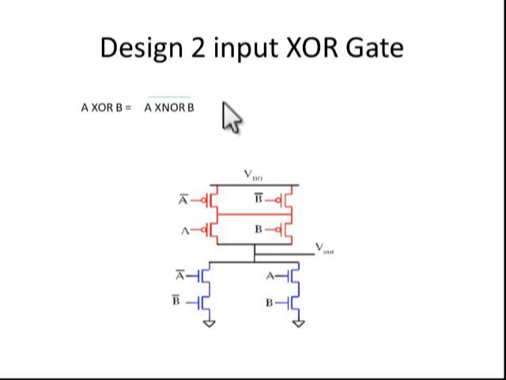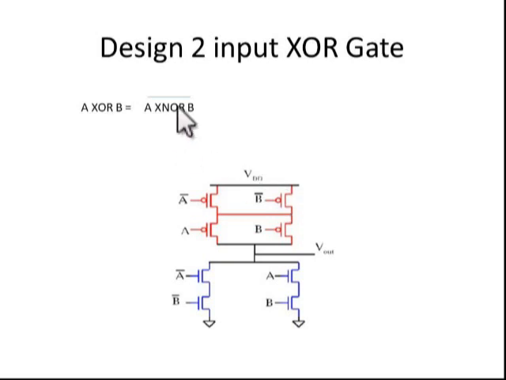Then what we have to do? We have to design with whole bar, and finally we have to connect one NOR gate. Then we will get the correct expression. But here A XOR B, actually the XOR does not have any whole bar. But what we can do, we can write the XOR gate as A XOR B whole bar. Now both are logically same. So here I have the whole bar. Now I can easily apply the CMOS logic.